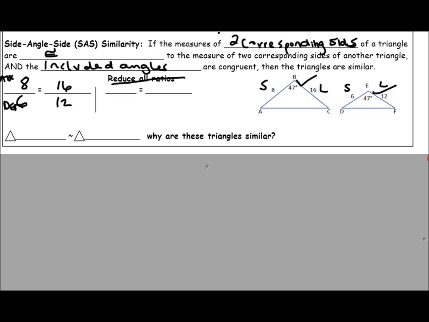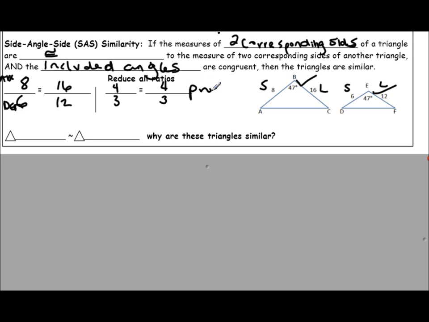Remember, we always want to reduce our ratios. 8 divided by 6, if you put it in your calculator and hit math, enter, you're going to get a ratio of 4/3. And 16 divided by 12, well, the greatest common factor is 4, and 4 goes into 12 3 times. So we also have 4/3, or you can type in 16 divided by 12 and press math, enter.